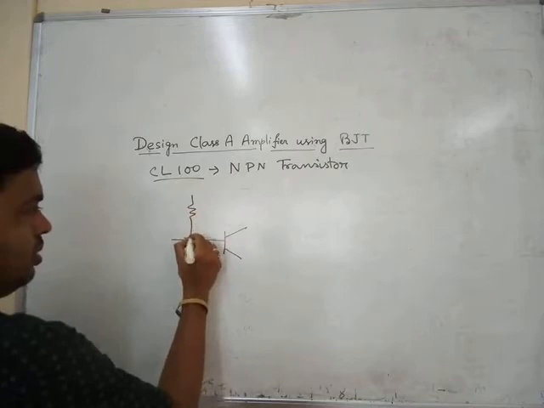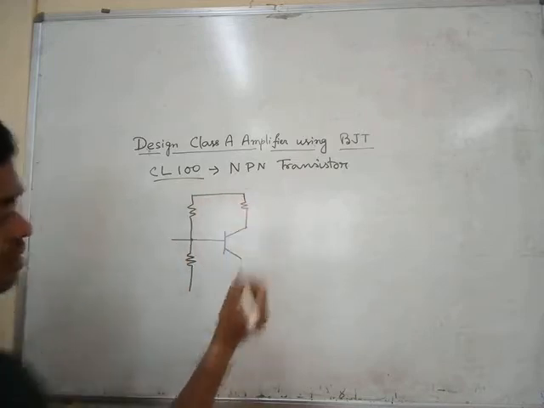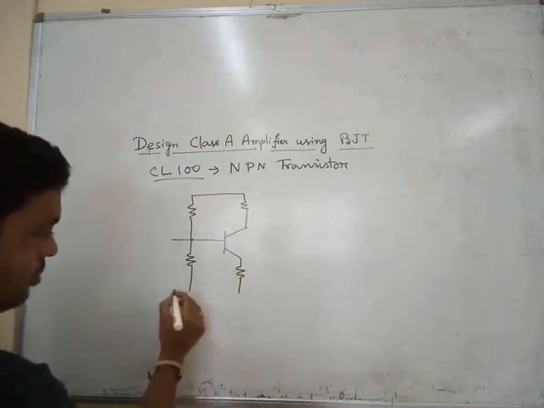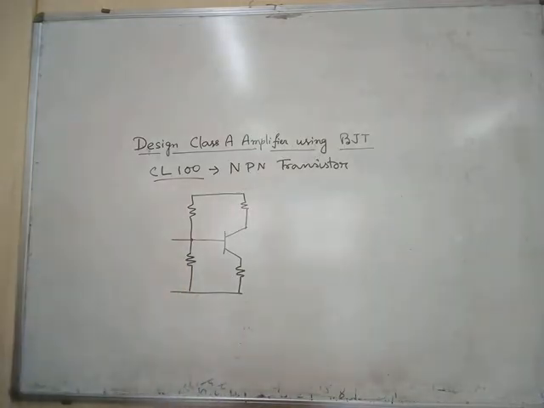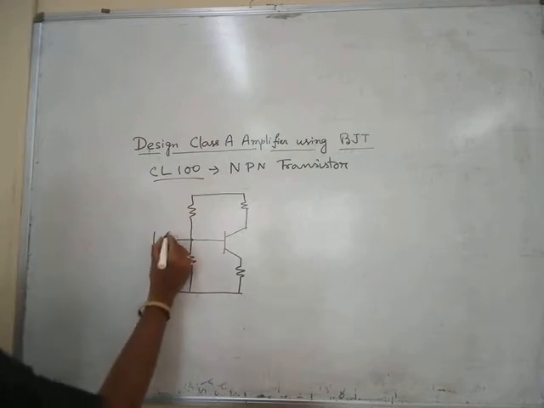A resistor is connected at the base. One resistor is connected at the collector. This is the emitter resistor. There is a capacitor.